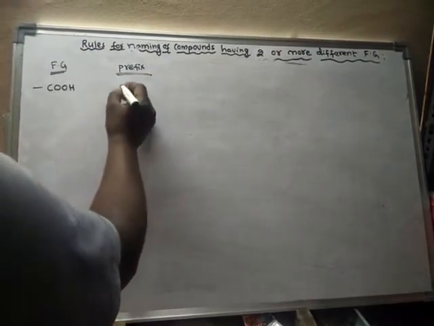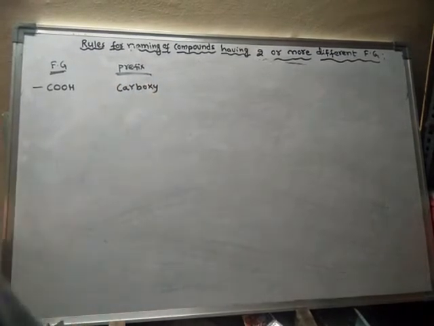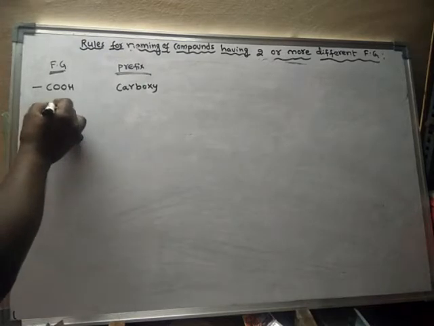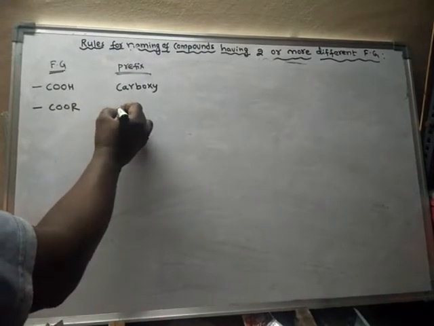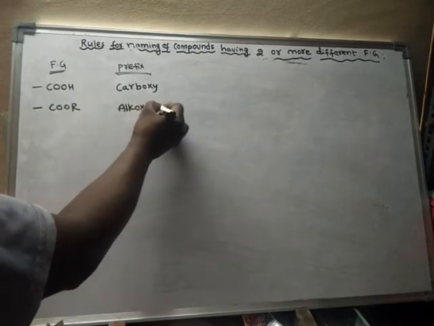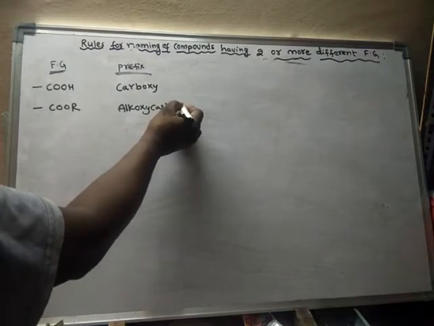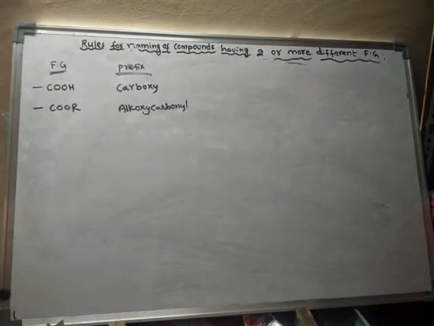What is this one? Carboxy. Okay, carboxy. For COOR, we have to use alkoxy-carbonyl. Alkoxy-carbonyl.